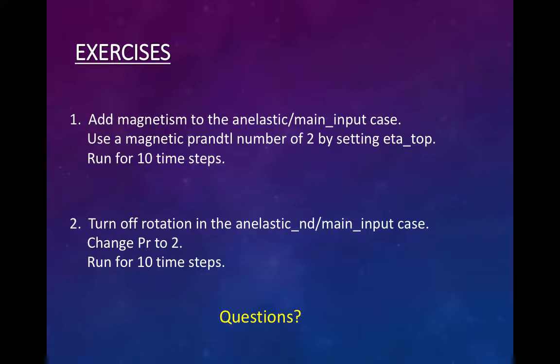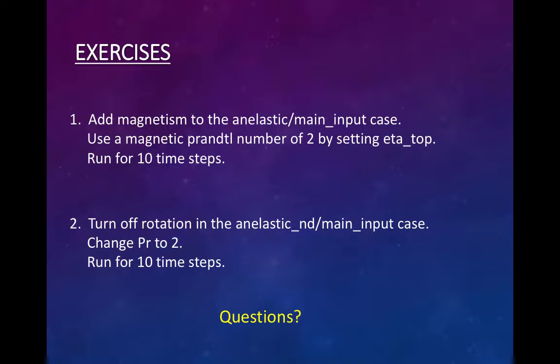Okay, so that's there. And so let's just try a couple of quick exercises. In the anelastic case, try turning magnetism on and adjusting eta so that the magnetic Prandtl number is 2 and run for 10 time steps.